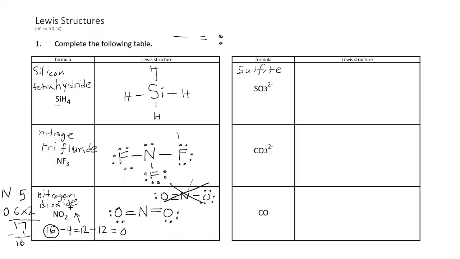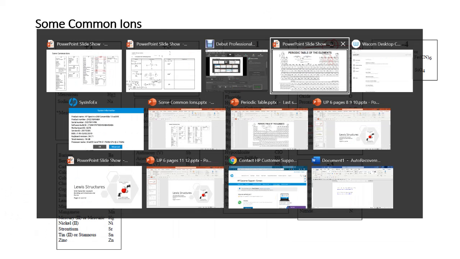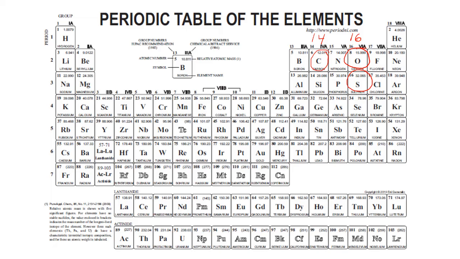So the way we do this is we count how many valence electrons each atom in the molecule brings into the molecule. So we have sulfur and we have oxygen. So go to the periodic table, and here you can see that sulfur and oxygen are both in column 16.